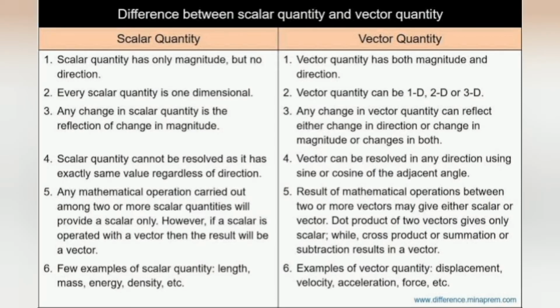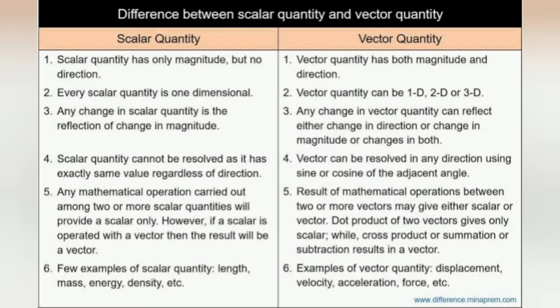So let us have a look at the difference between scalar and vector quantity. A scalar quantity has only magnitude but no direction, as I have told earlier, but a vector quantity has both magnitude and direction. Every scalar quantity is one-dimensional, but a vector quantity can be one-dimensional, two-dimensional or three-dimensional.